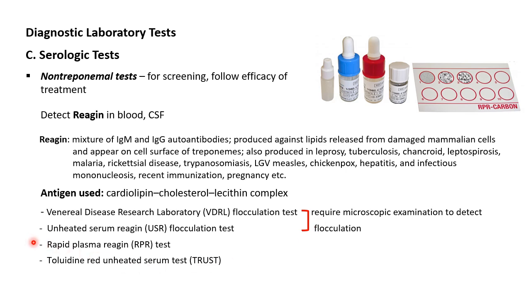Unlike the succeeding two, the rapid plasma reagin, or the RPR test, and the toluidine red unheated serum test, or TRUST. In the figure, it shows the results of the flocculation test using a kit for the RPR. We see here flocculation taking place, and these are observed macroscopically without the aid of a microscope.